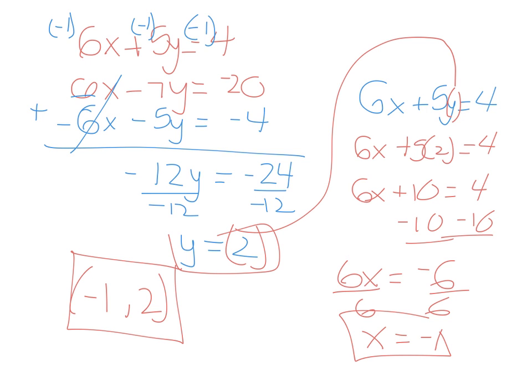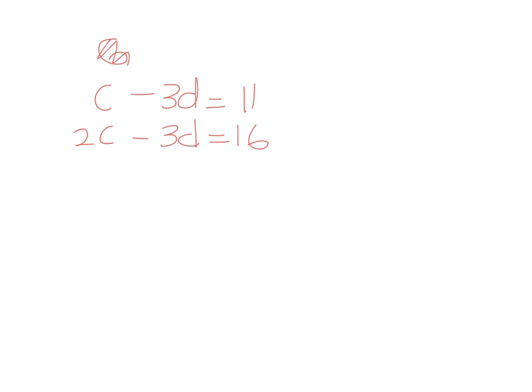Okay, we're going to try a couple more. The next problem, oops, that's not right. C minus 3D equals 11. 2C minus 3D equals 16. So this time I have negative 3D and negative 3D.